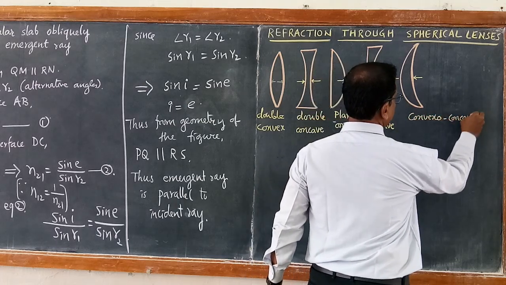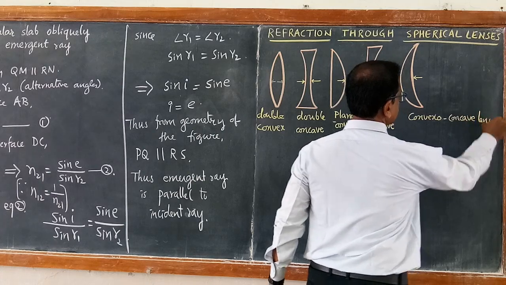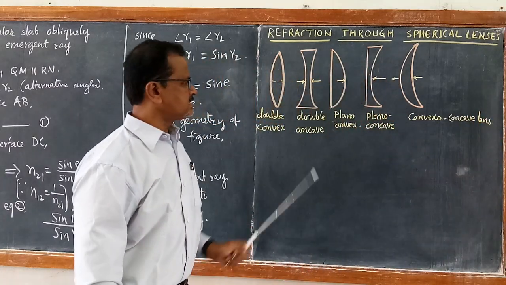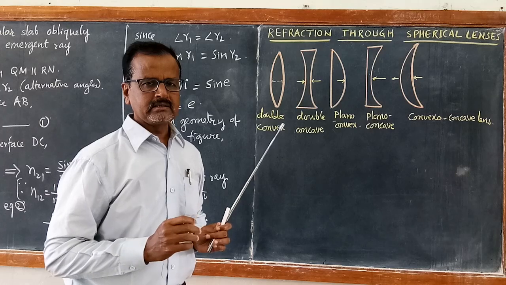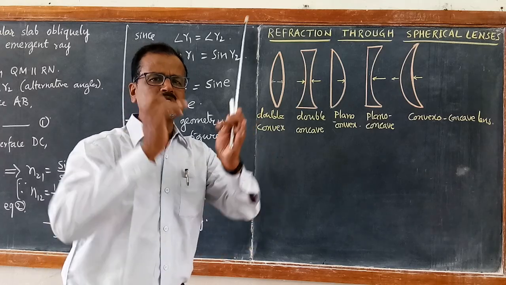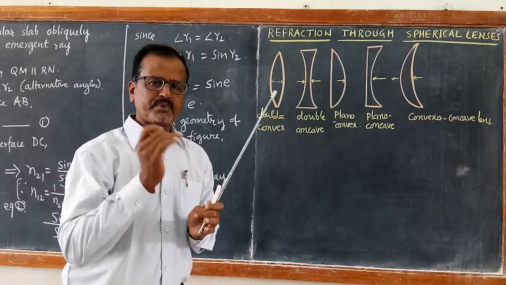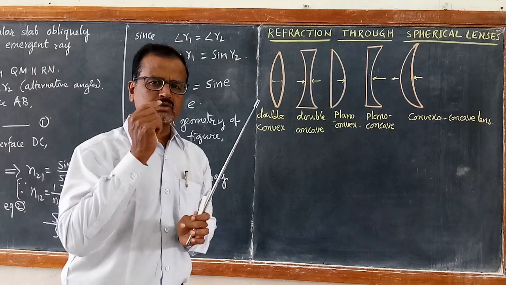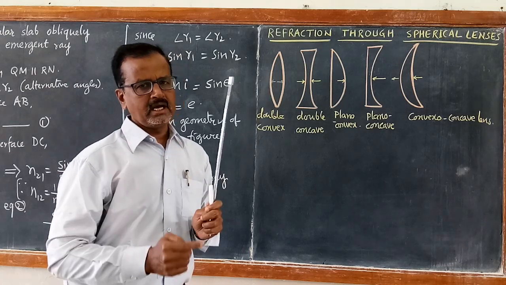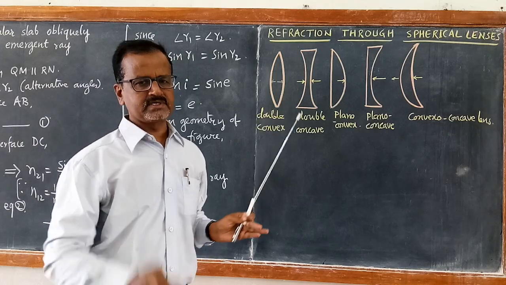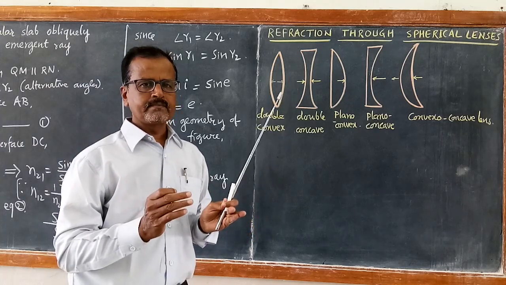So in general, a lens is a transparent material which is bound on both surfaces by spherical surfaces, or at least one spherical surface and the other one a plane surface.